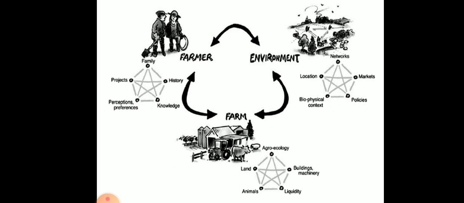And the animals: what are those animals that could be domesticated aside from cultivating or growing vegetables? So it is the integration of more than two disciplines.